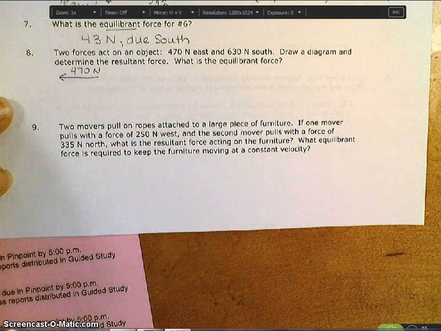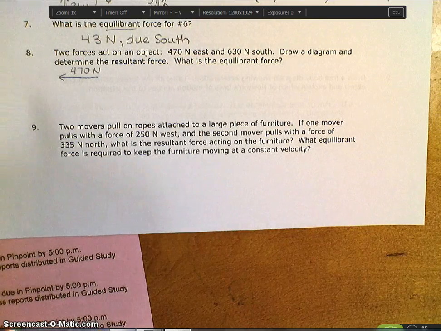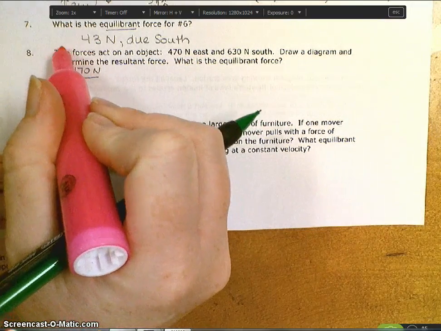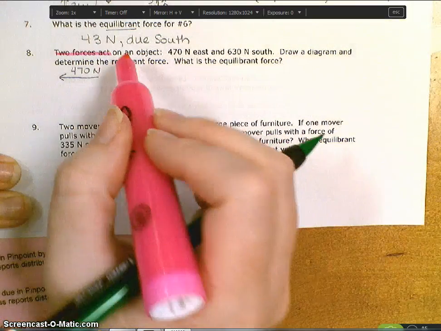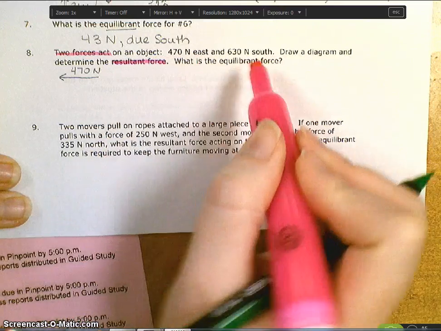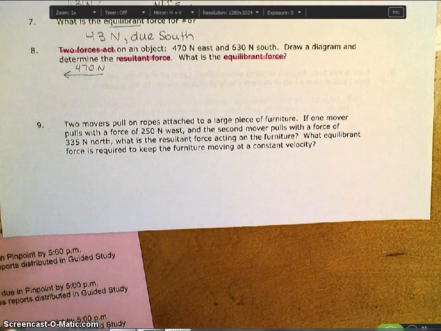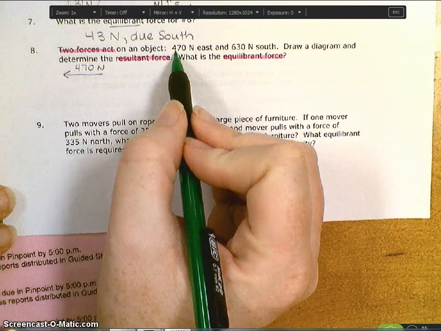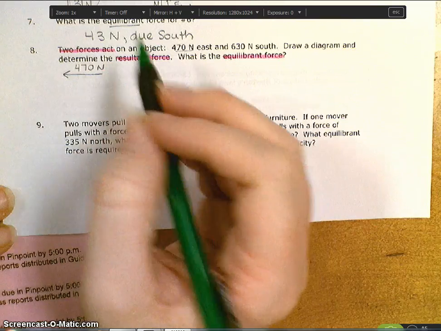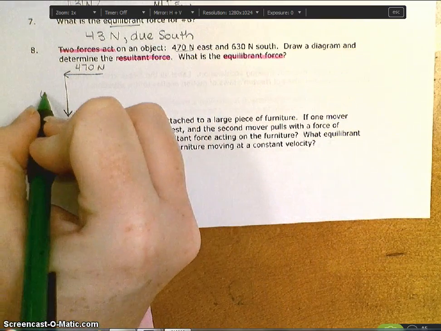I already know that I'm talking about a triangle problem because it said 2 forces acting, but the other reason is they've asked for resultant and equilibrant. Those are my clues that I'm working a triangle or Pythagorean theorem problem. 470 newtons to the east, 630 newtons to the south.